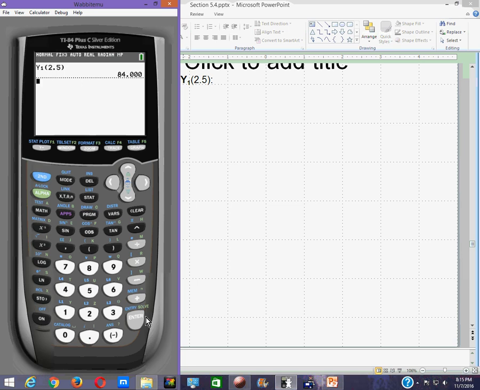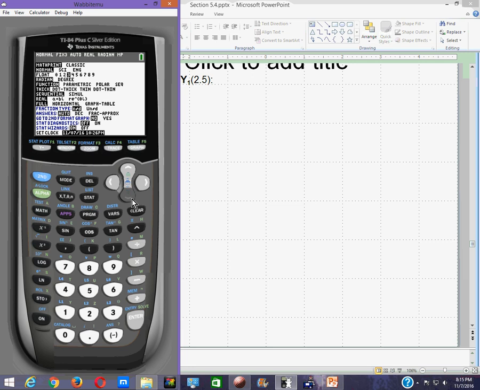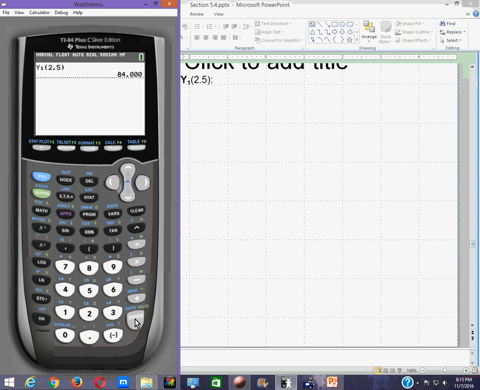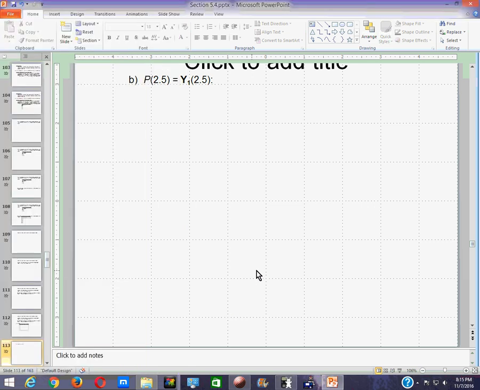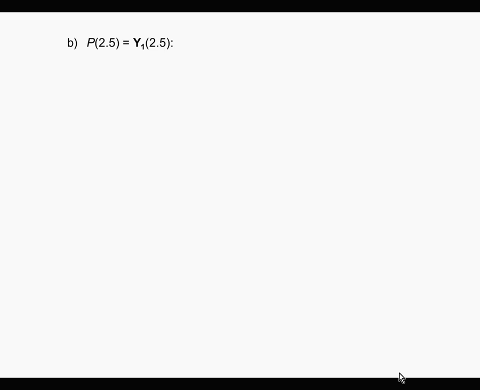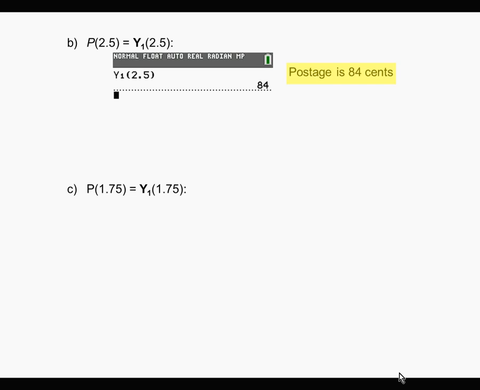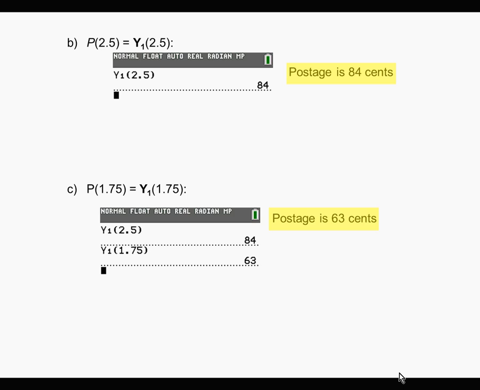Oh, I got my float set on 0, don't I? So let me mode, let's float the float. Let's quit that and do it again. 84.